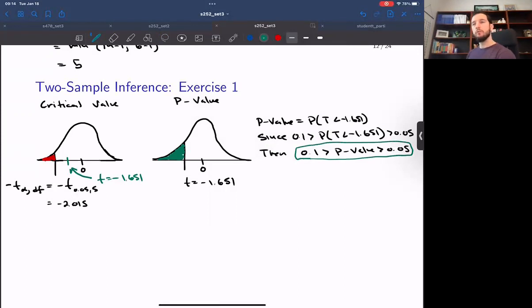Okay, so what we have found here is that the p-value, the size of this green shaded part, is between 0.05 and 0.01. So therefore it is bigger than 0.05, because anything in this range is bigger than 0.05. Any questions?